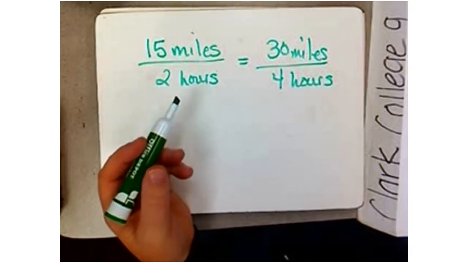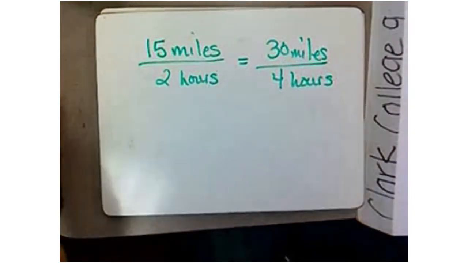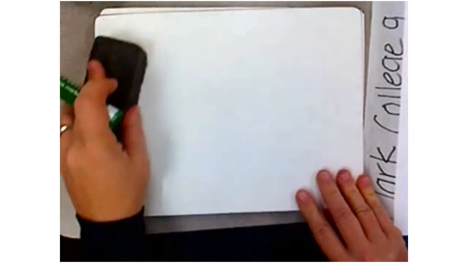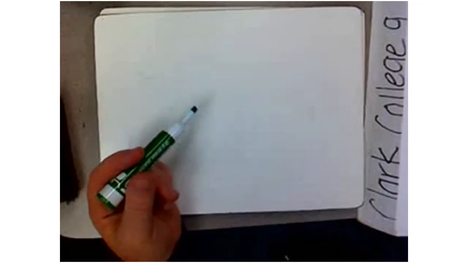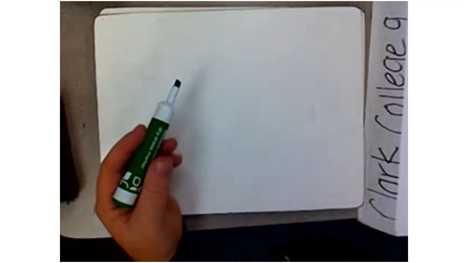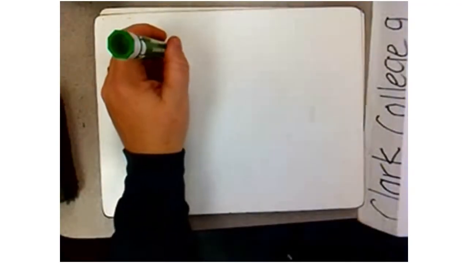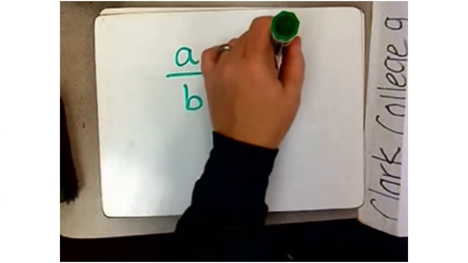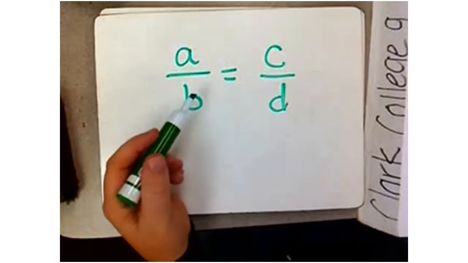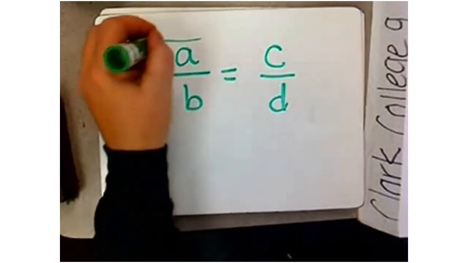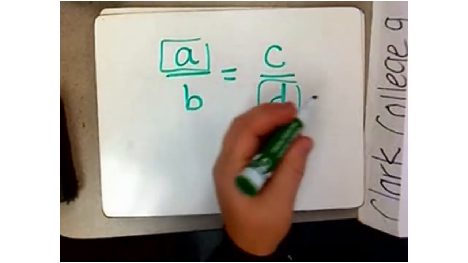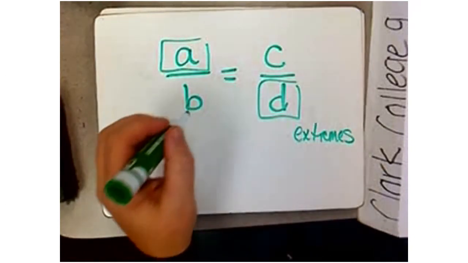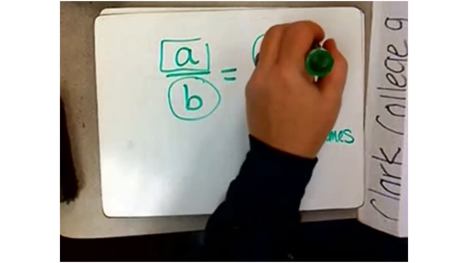Now, to determine whether a proportion is true or not, you can use cross multiplying, which is the means and the extremes. So in other words, if you have a fraction like A over B equals C over D, and this is on page 456, they remind you or show you that the A and D are the extremes, and the B and the C are the means.